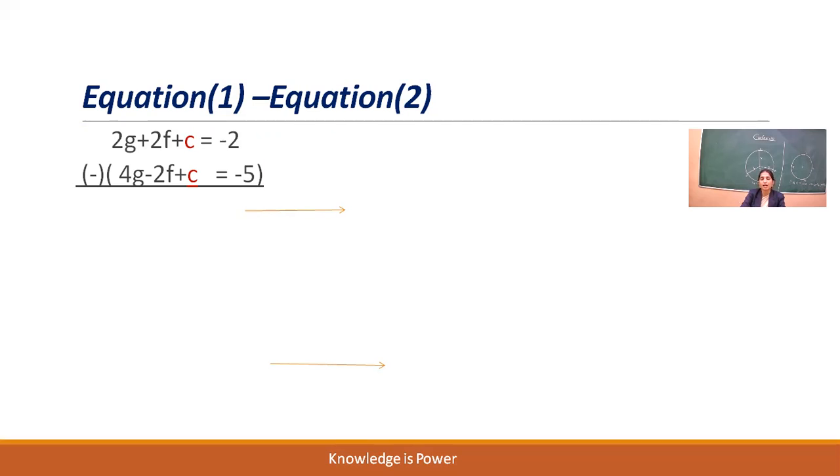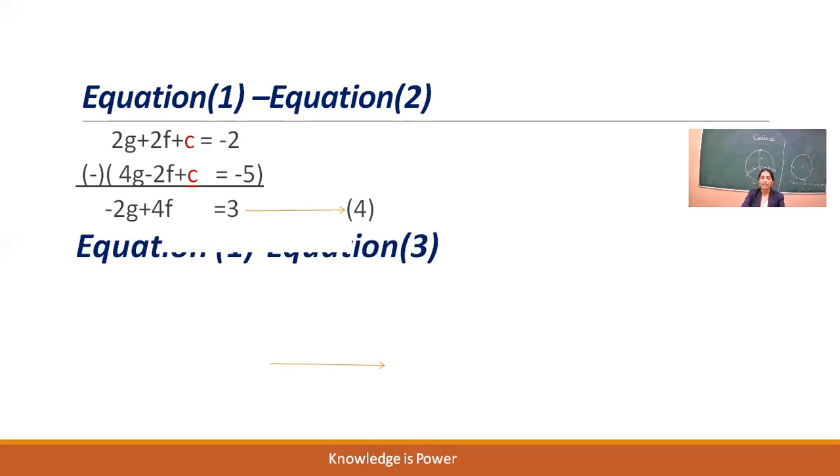Because c is free from x, y, the sign of c is not going to be affected by the substitution of the point x, y for different values. Therefore, if you subtract, c will get cancelled and we will get another equation 4 in terms of g and f. We are done with equation 1 and 2.